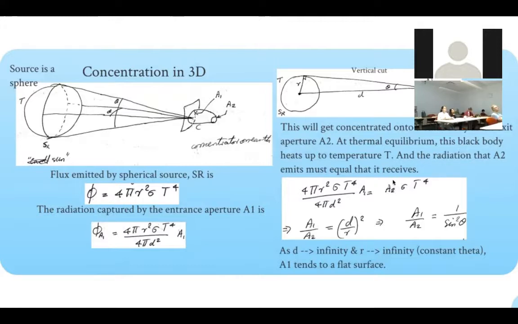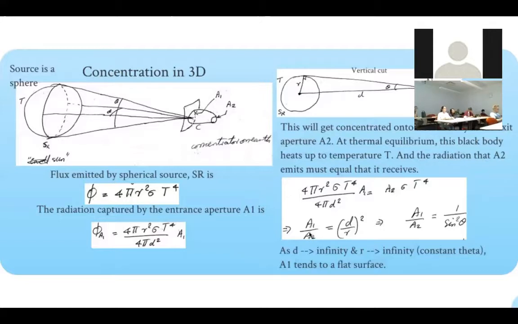So A2 emits a flux which looks like that, area A2 times sigma T raised to 4, and it should equal the intercepted flux by this concentrator from the source, which is this equation here. Again, you can cancel most of these things out, and you get a relatively simple expression where A1 over A2 is d over r squared.